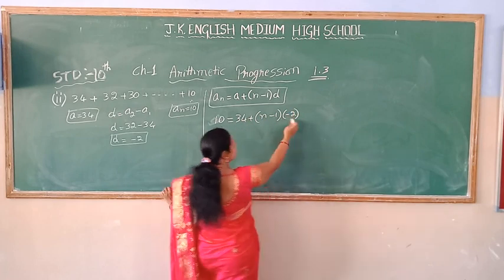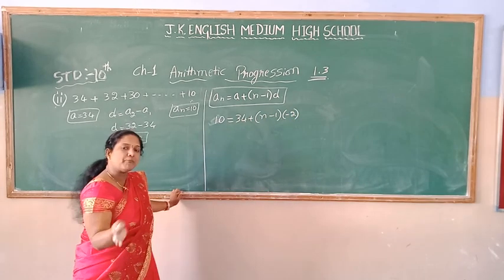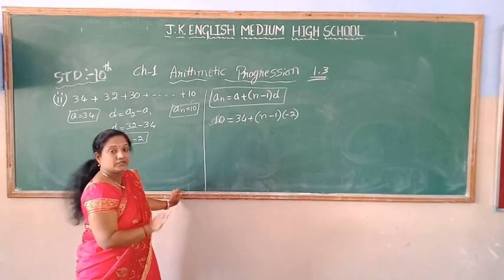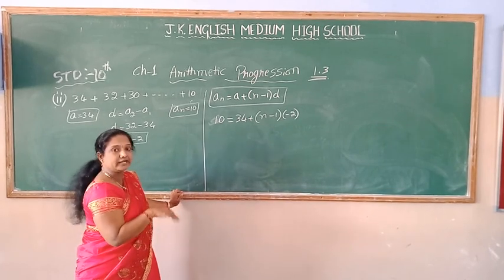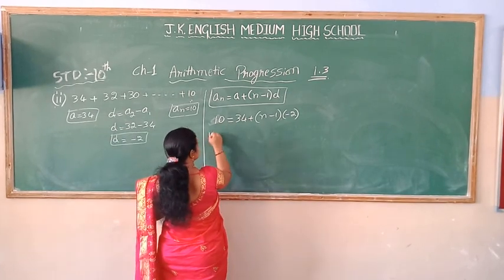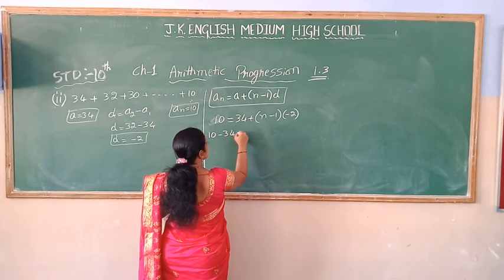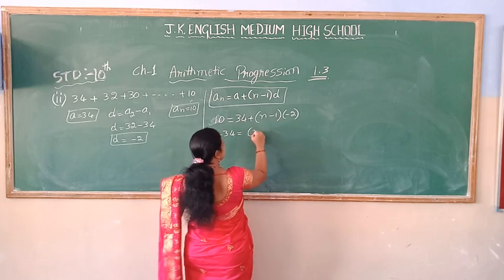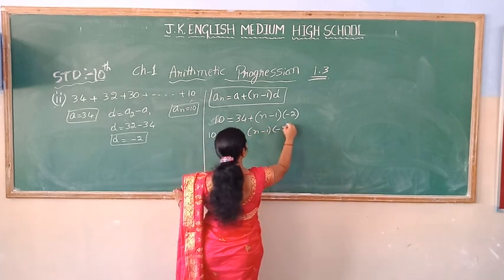Be careful, write it properly when the sign changes. When you have positive values, okay, but when you have a negative value, be careful and write brackets, and afterwards you simplify. Now 10 minus 34 is equal to n minus 1 into minus 2.